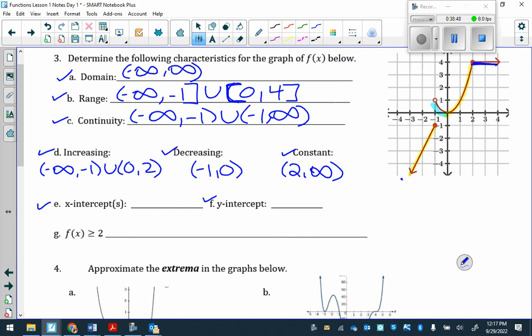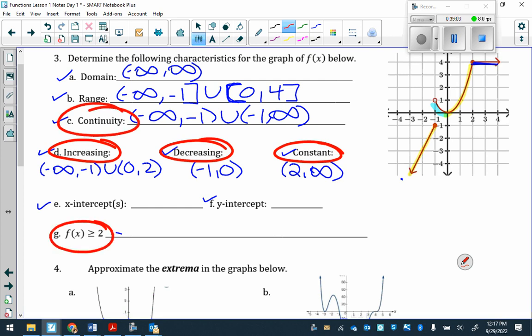Yeah, Bill? So you also have raised brackets. Right. So let's see, let me do it differently. So increasing, decreasing, constant, continuity, if this is just less than or greater than, you would use parentheses.